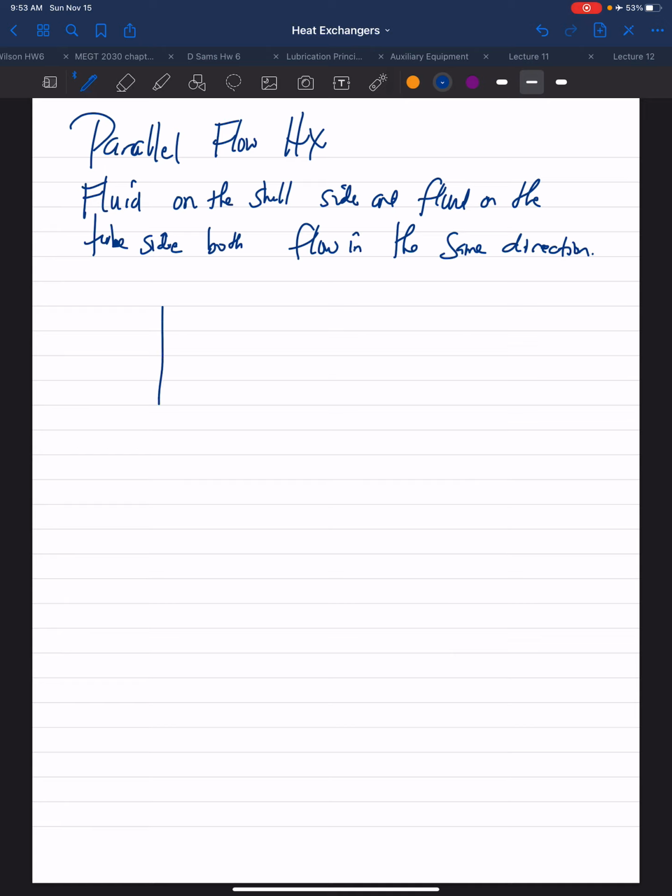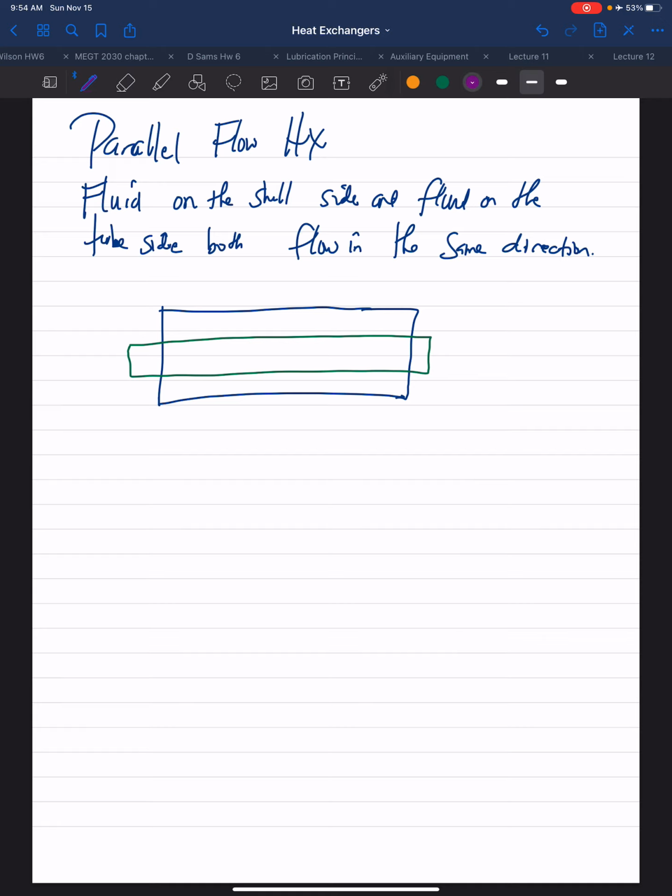So if we have a heat exchanger, through the tube, if you have your fluid on the tube side, this is the tube side temperature coming in, t1, and t2 is your tube side temperature going out.